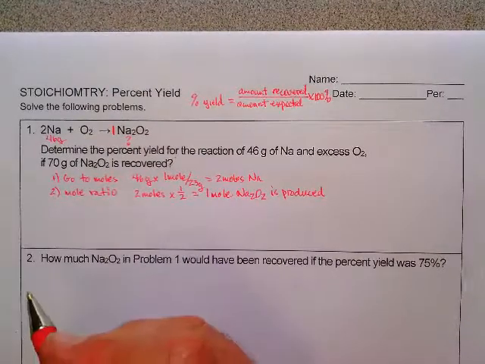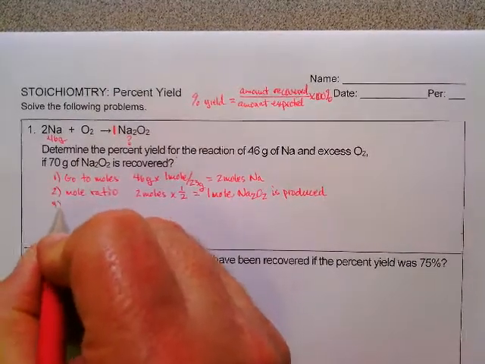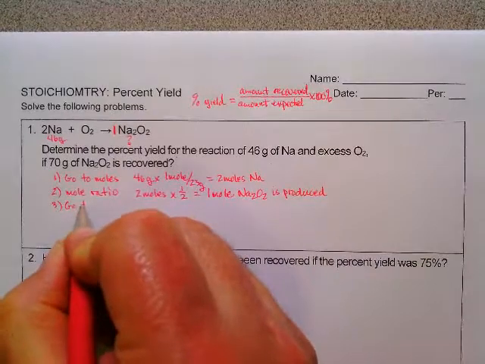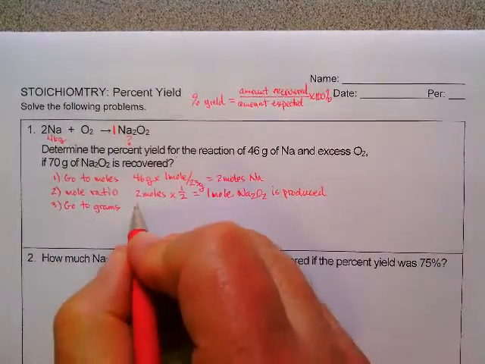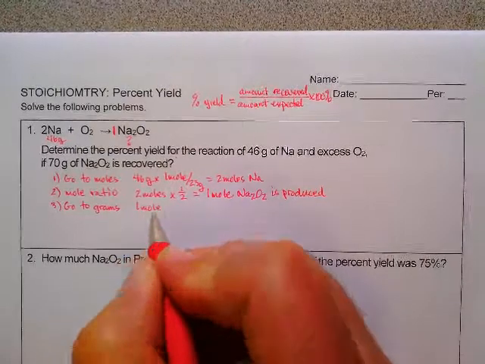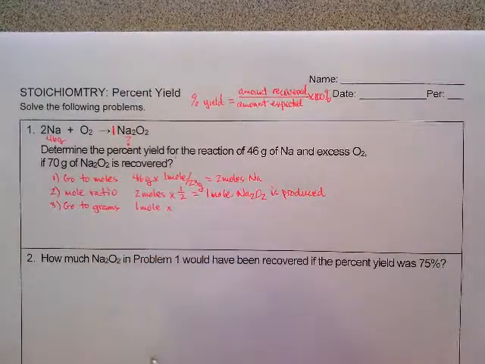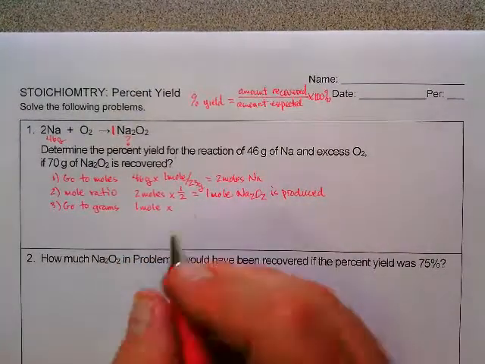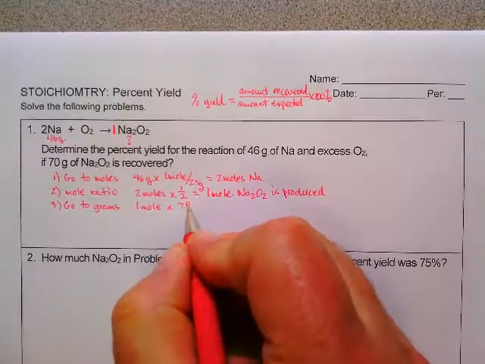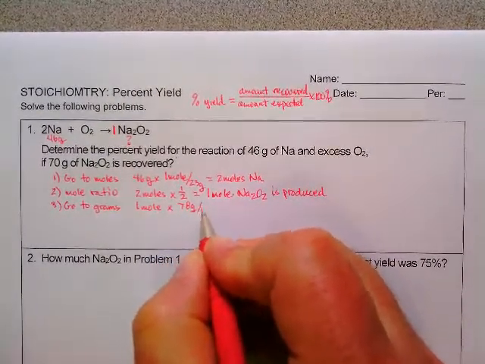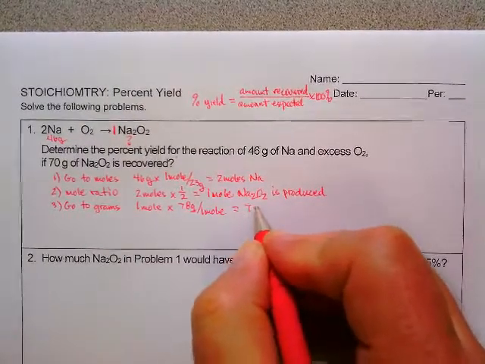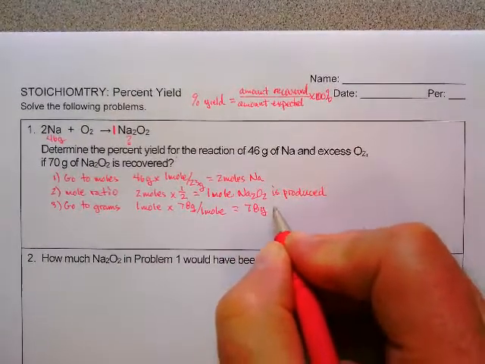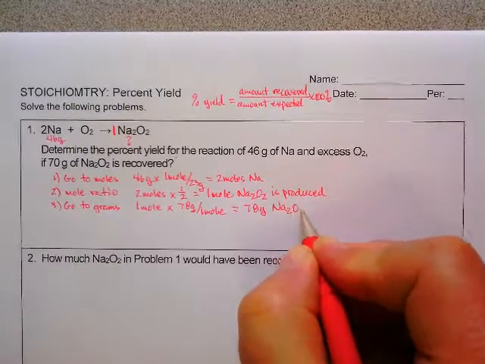All right, so that's how much is produced in moles. I want to now do step 3. In this case, go to grams. So my 1 mole times, for Na2O2, it's 78 grams per 1 mole. And since I have 1 mole of this, of course, I produced 78 grams of Na2O2.